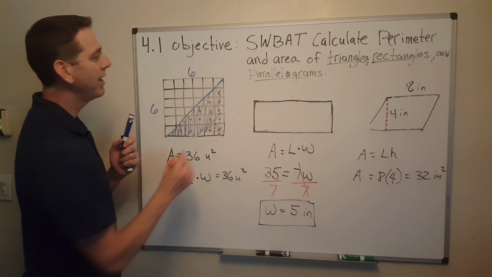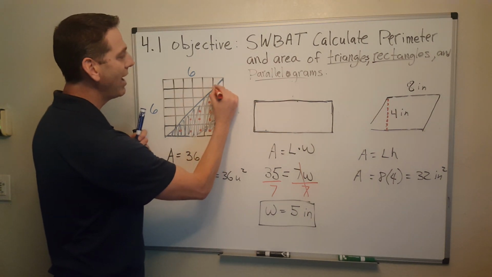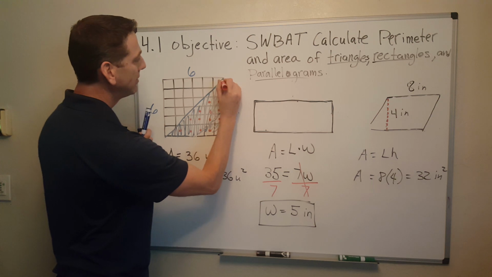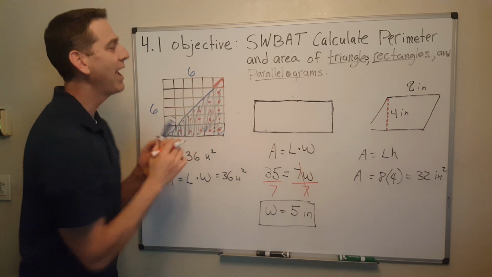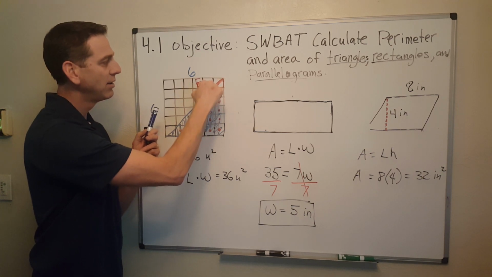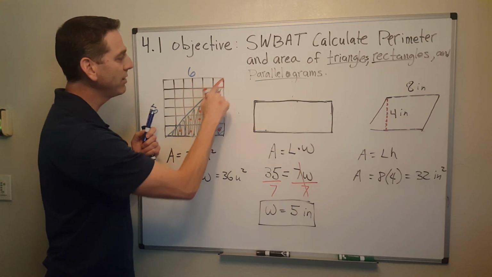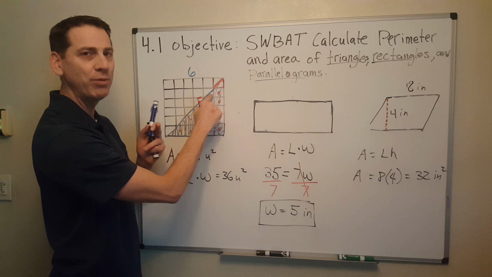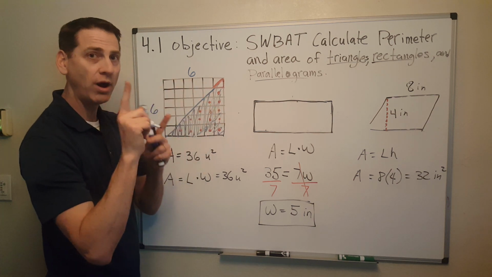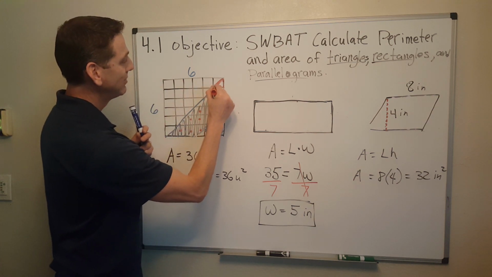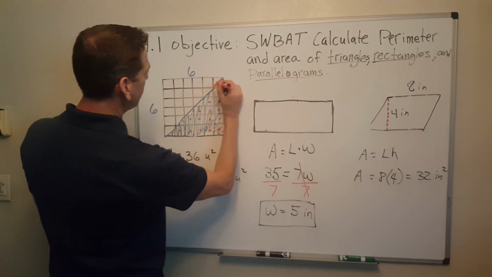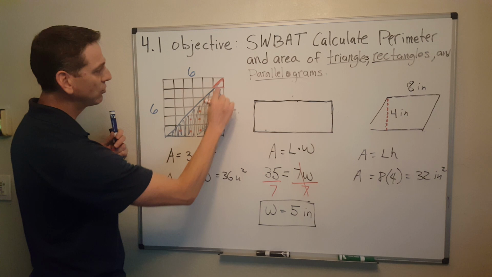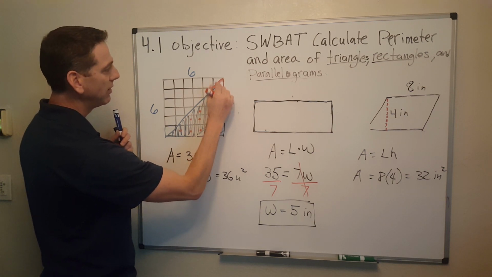Now, I don't know if you can see this, but we have half squares here, right? See this right here? That's just going to be half of this square. So if I add this triangle and this triangle, that will be the equivalent of 1 rectangle.